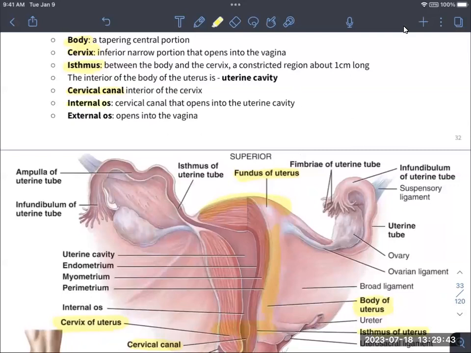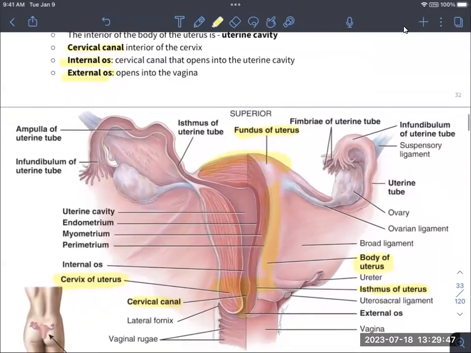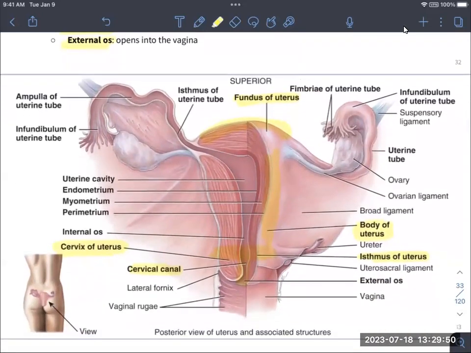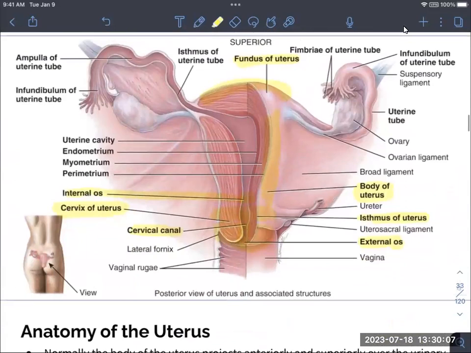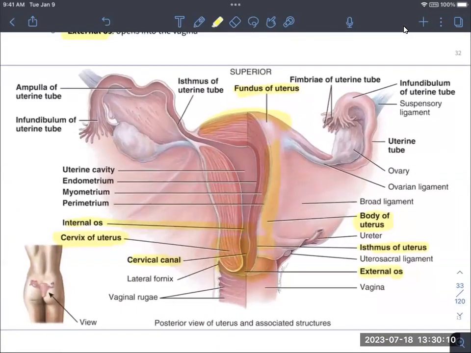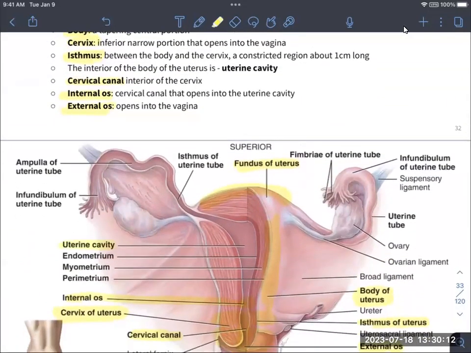We have the internal os and the external os. The internal os is found up through here, while that external os is going to be this bottom portion. So these are all the different parts of the uterus. The uterine cavity is just the interior, the whole inside of this uterus.